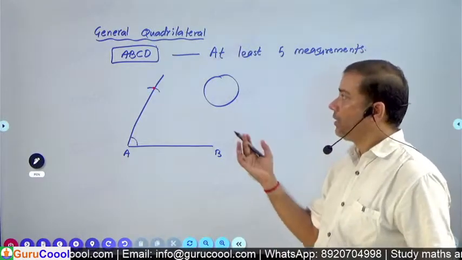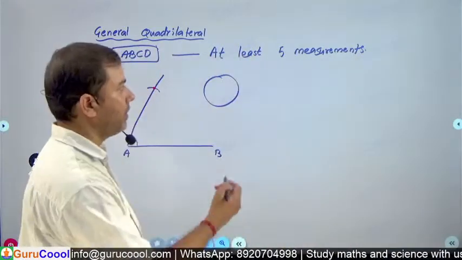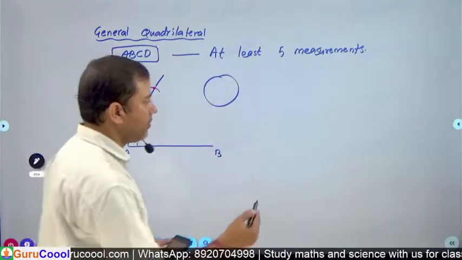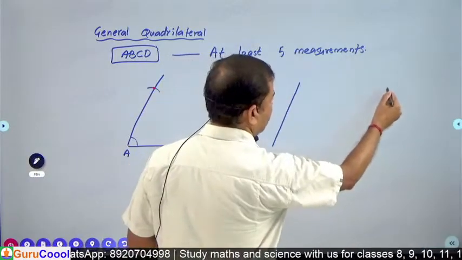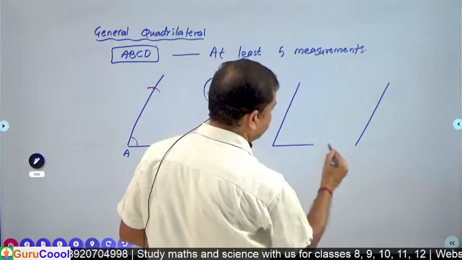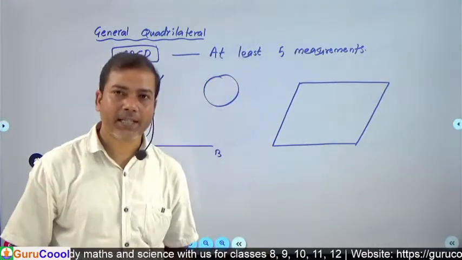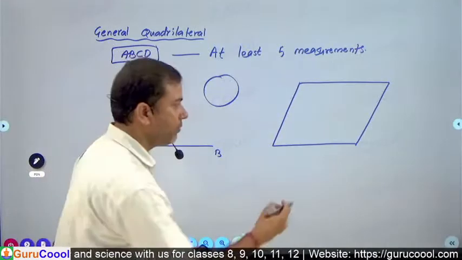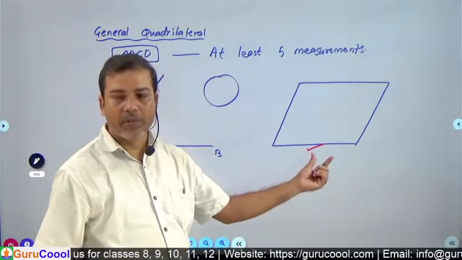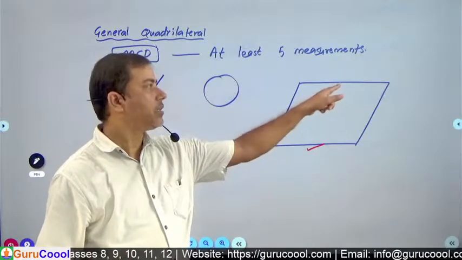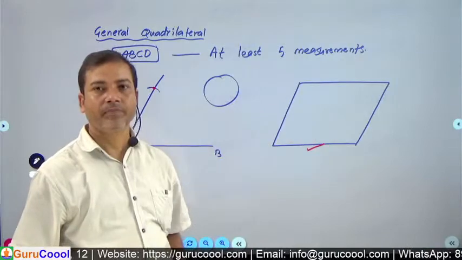If this is a parallelogram, then how many minimum measurements will we need? See, a parallelogram has properties. We know that in a parallelogram opposite sides are equal. So if one side is given, suppose this side is given, that means automatically we know the opposite side as well, they are equal, right? Yes, sir.